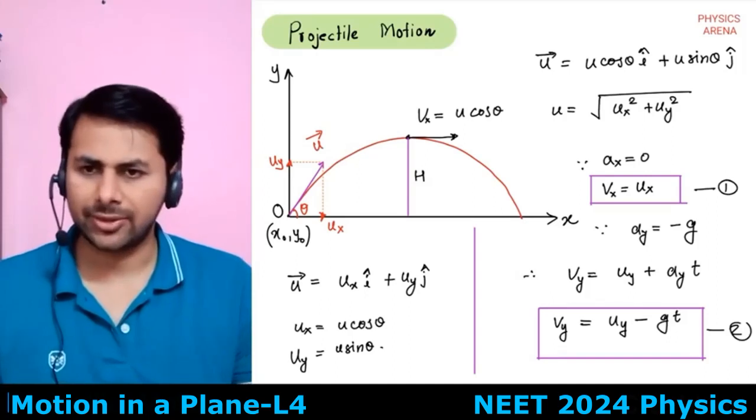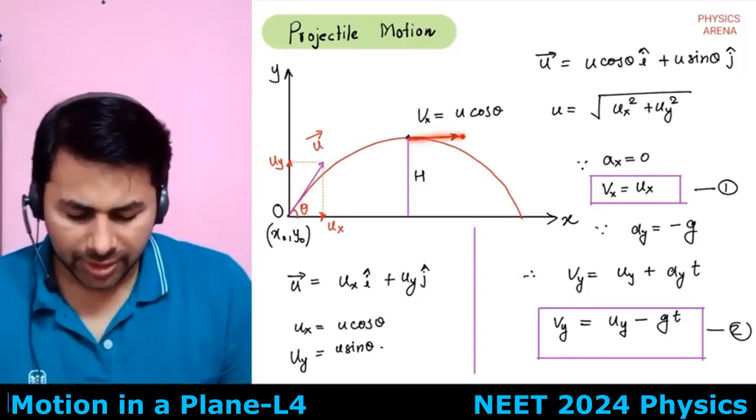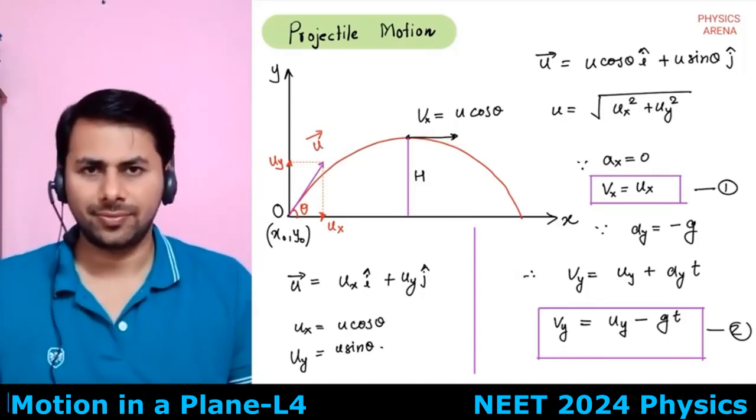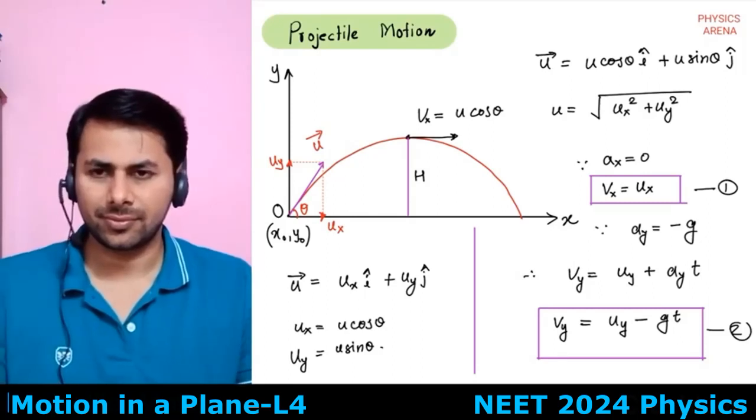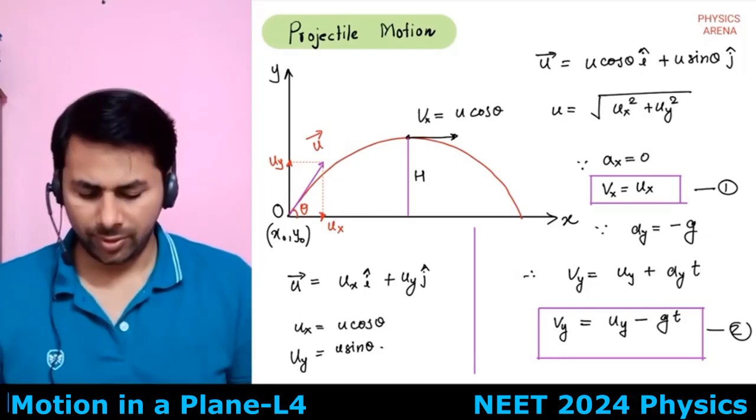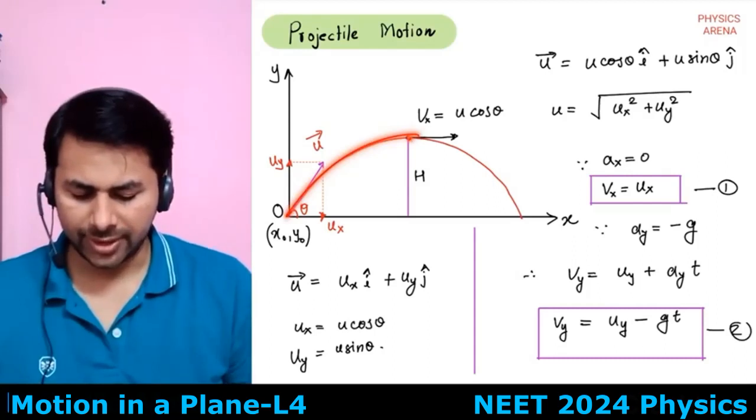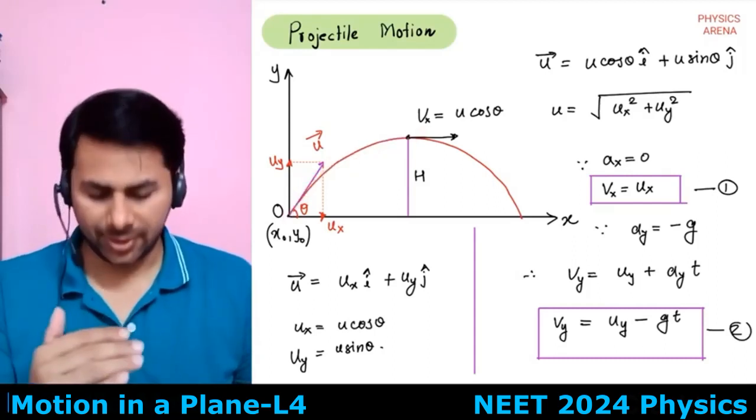Velocity is not zero actually. Velocity is in horizontal direction. You're throwing this object like this, its velocity at this point will be in horizontal direction.